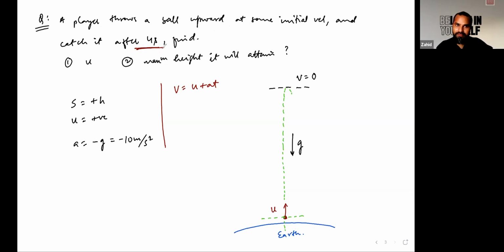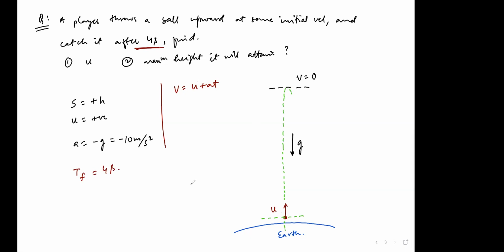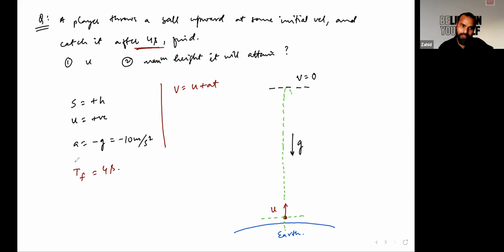So the total time interval for the entire motion would be 4 seconds, or simply the time of flight of the ball is 4 seconds. Is it right? Yes, sir. By knowing this time of flight, we will be able to calculate time of ascent or time of descent. Time of ascent is nothing but half of time of flight, so time of flight is 2 times this. Okay.